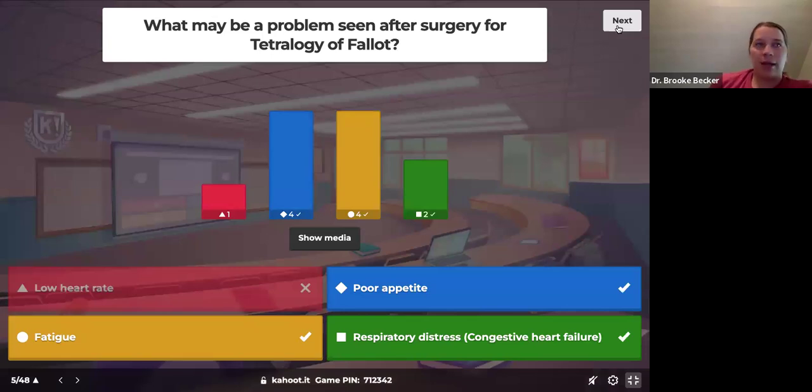Yes, so poor appetite, fatigue, and respiratory distress because of congestive heart failure potentially can be complications after surgery. Usually it's high heart rate and not low heart rate. Good.